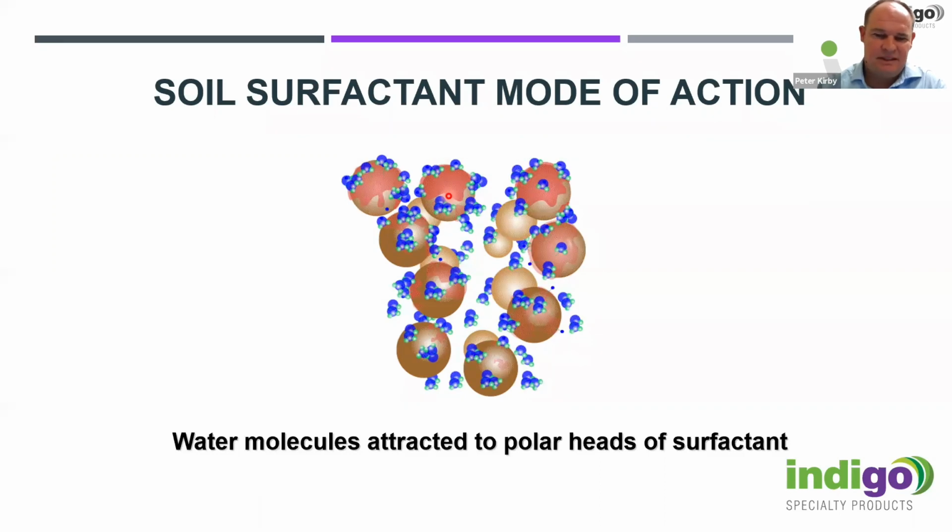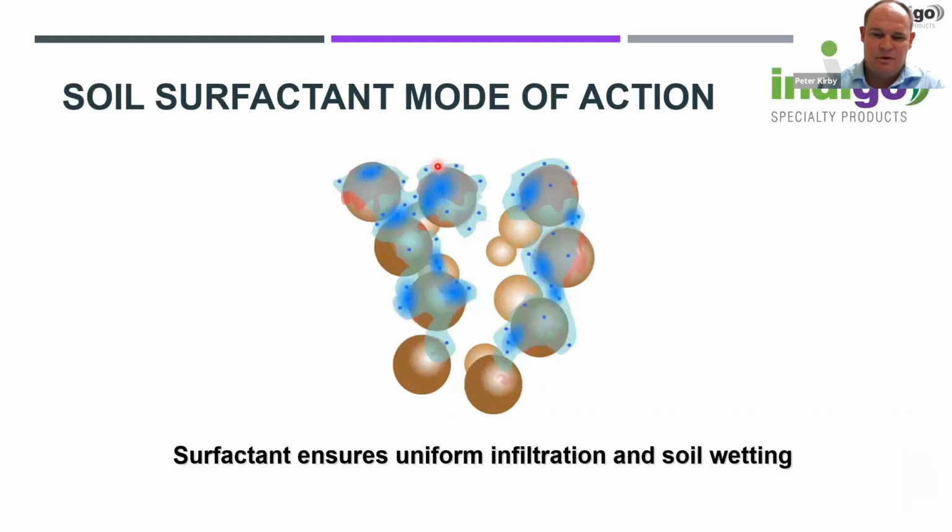So as we overweight these areas with a lot of molecules, that organic coating starts to break up, and therefore we overcome the hydrophobic nature of that soil environment, and we put water in, and we start to hold a lot more water throughout that soil profile. By doing this, we ensure the uniform infiltration that we're looking for, and good soil wetting over a period of time.